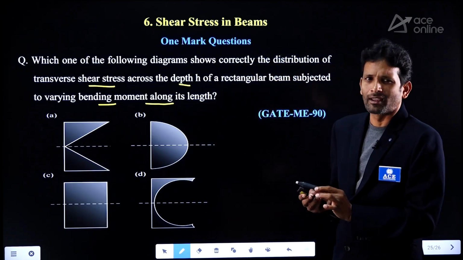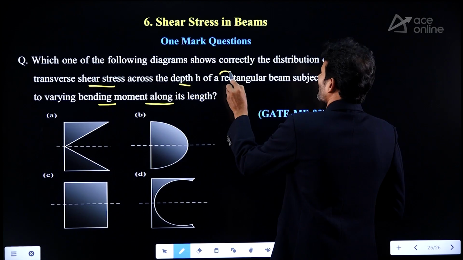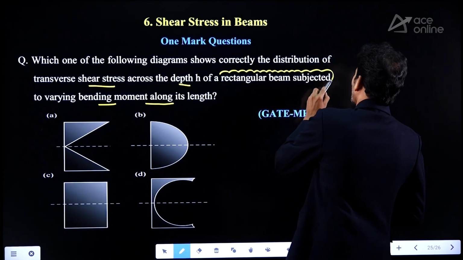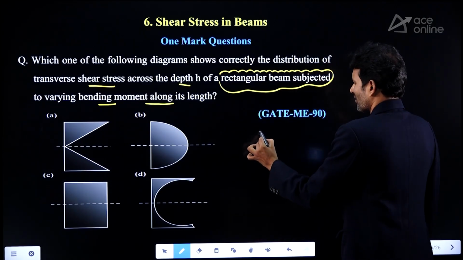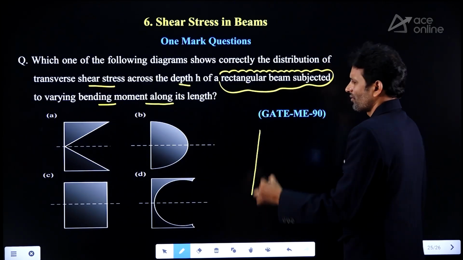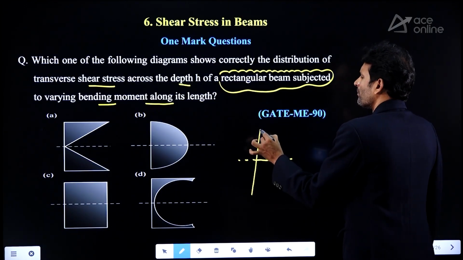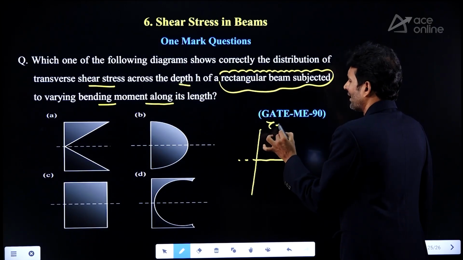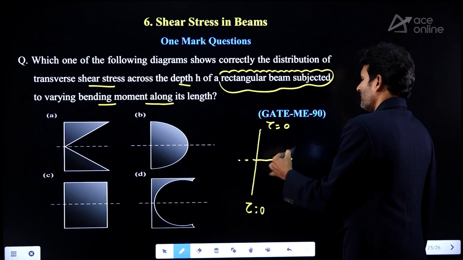Finally, what they are asking is the shear stress distribution in a rectangular cross-sectional beam under transverse shear load. What is the nature of shear stress for any cross-section? The nature of shear stress in beams is a second degree parabolic variation with 0 at the extremes and a maximum.